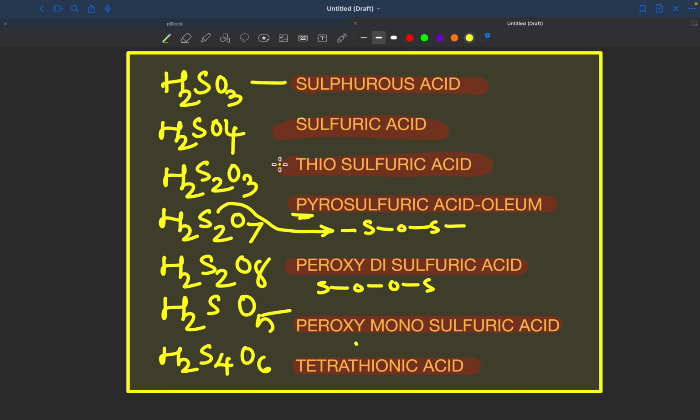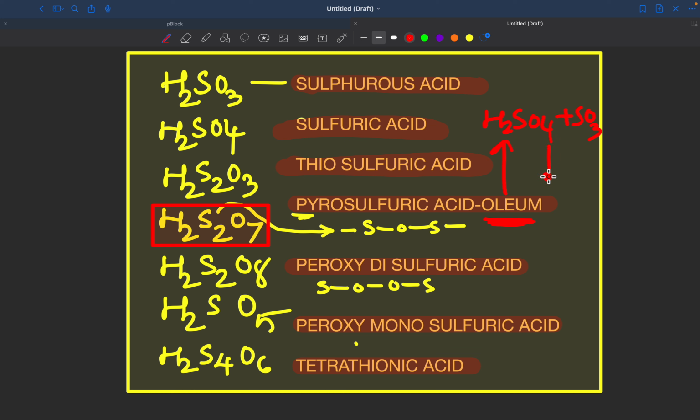Right, regarding pyrosulfuric acid or oleum, sulfuric acid is transported in the form of this oleum. Why? Because oleum has got H2SO4 and SO3.